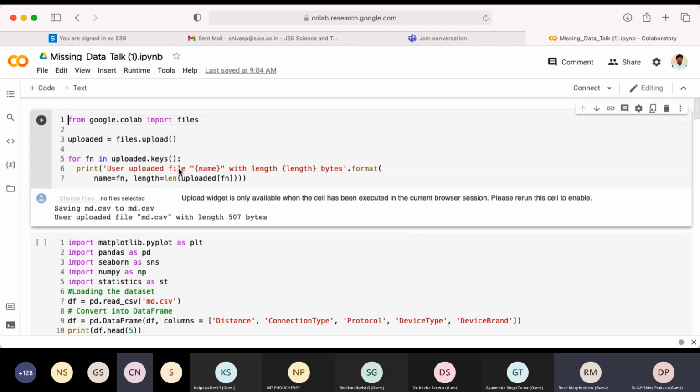So here we try to find the missing values.